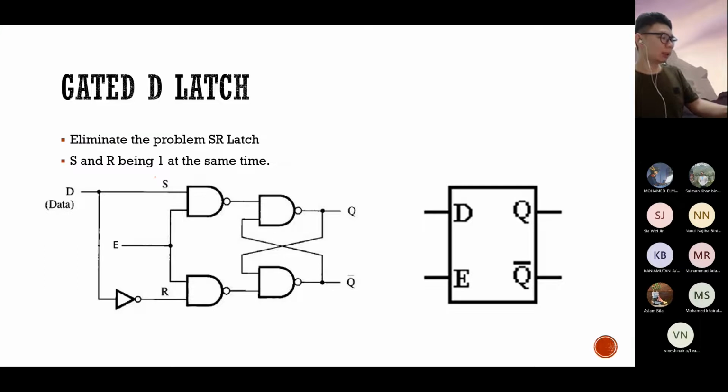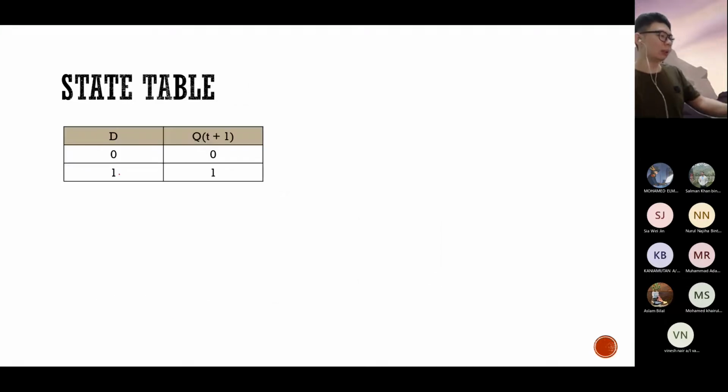What a D latch does is that it's an SR latch inside, but in between it has a NOT gate, so that S and R never have the same value. If D is 0, the output will be 0. If D is 1, the output will be 1.